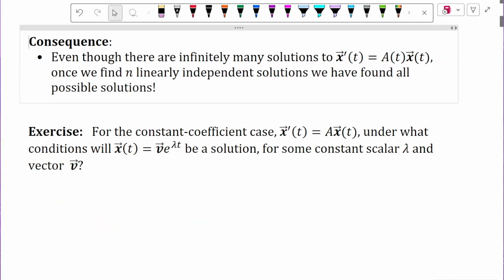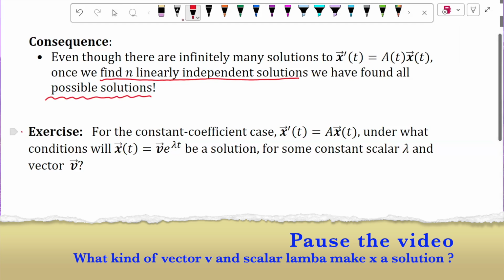This means that even though there are infinitely many solutions to the homogeneous ODE system, once we have found n linearly independent solutions, we have essentially found all possible solutions to the system. Pause the video and work out this exercise yourself.